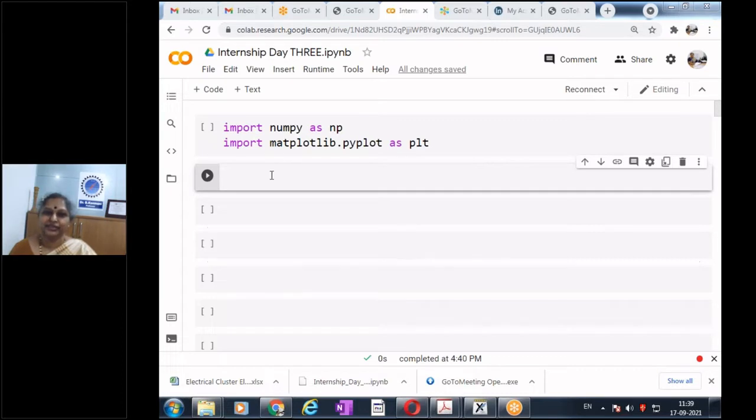As a first example, let us try to plot the sum of two signals.